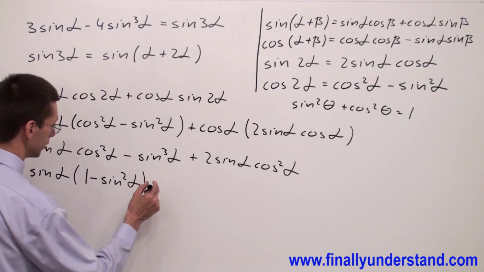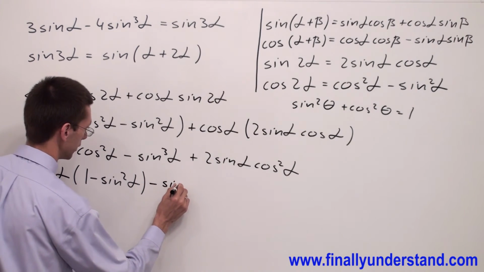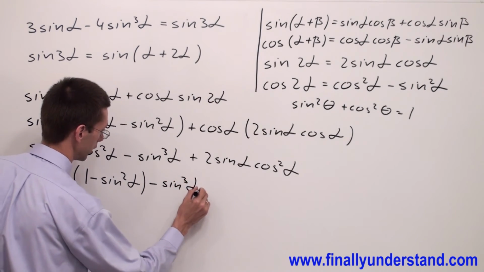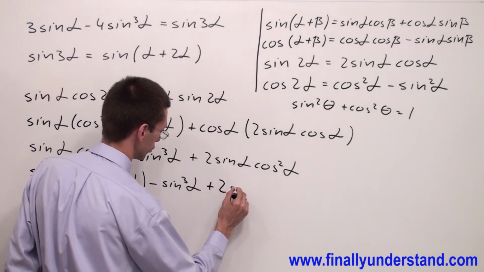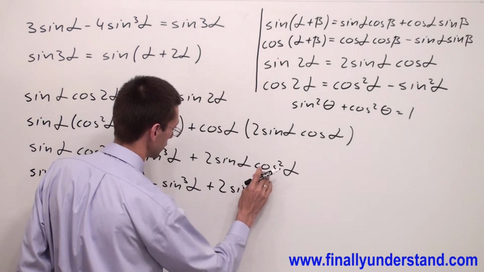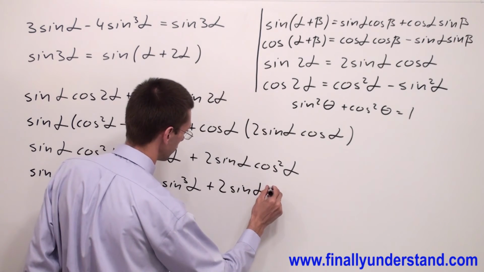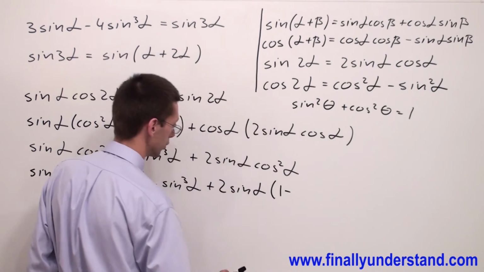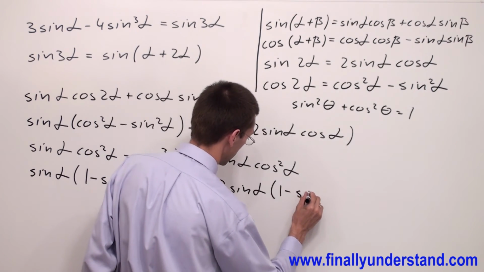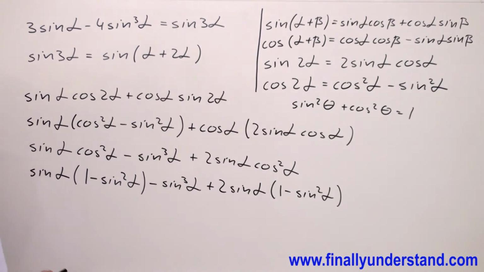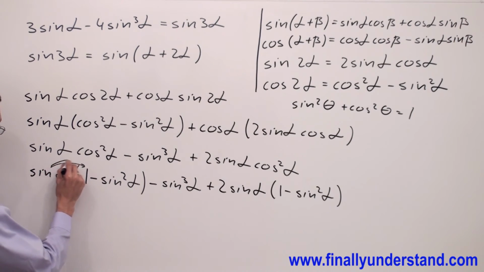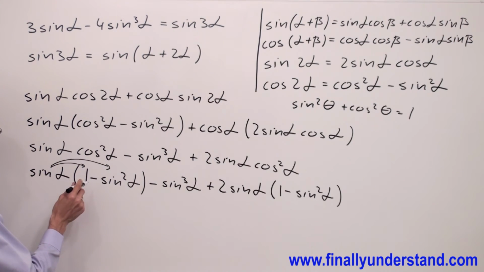Next, copy down minus sine cube alpha plus 2 sine alpha, and instead of cosine square alpha, write 1 minus sine square alpha.